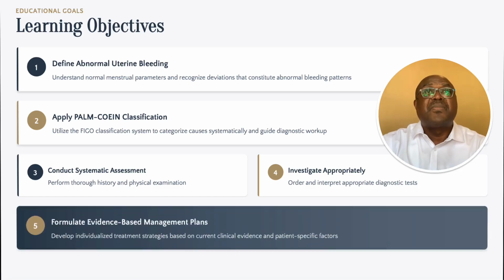And finally, you will be able to formulate an evidence-based, individualized management plan that considers each patient's unique circumstances, including age, fertility desire, and symptom severity. So, these objectives will guide our discussion today.